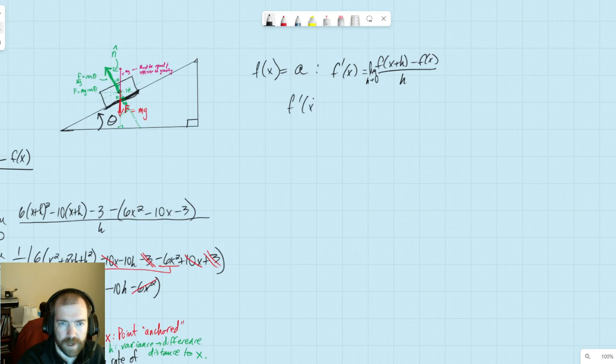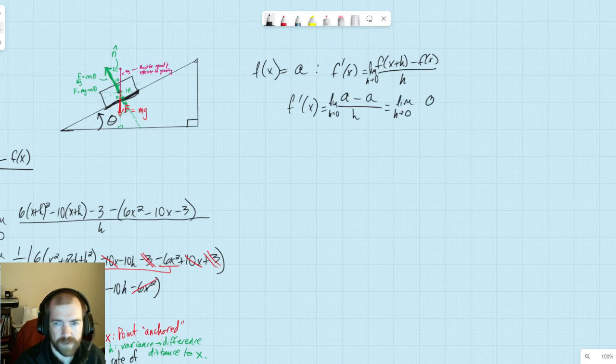For this particular function, f of x is a, so f of x plus h is also a. So we get a minus a over h, where h goes to 0. Well, this is the limit as h approaches 0 of 0 over h.